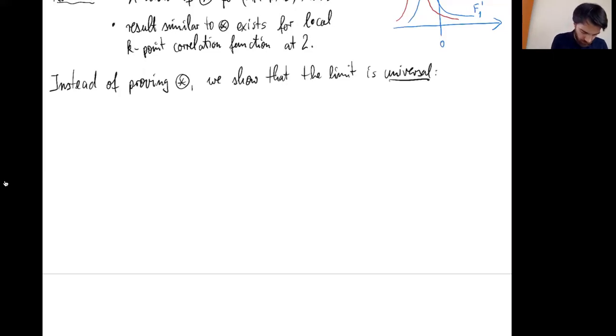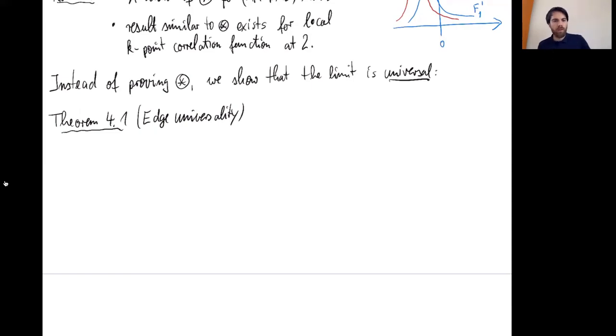That will be the next theorem, theorem 4.1, and that goes under the name of edge universality. And so we now take an arbitrary Wigner matrix.